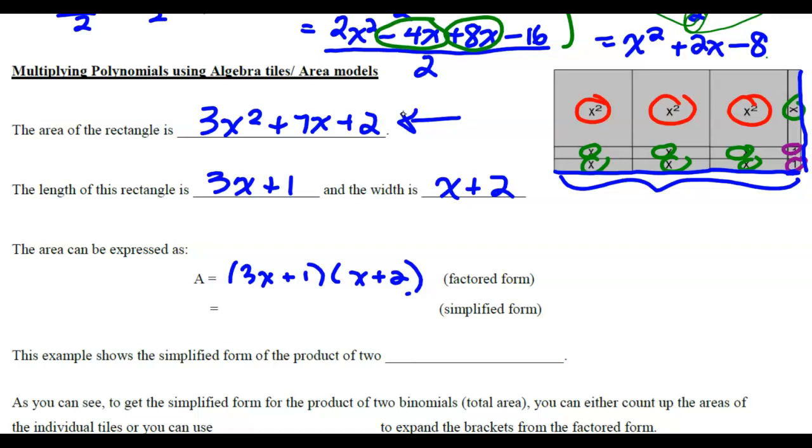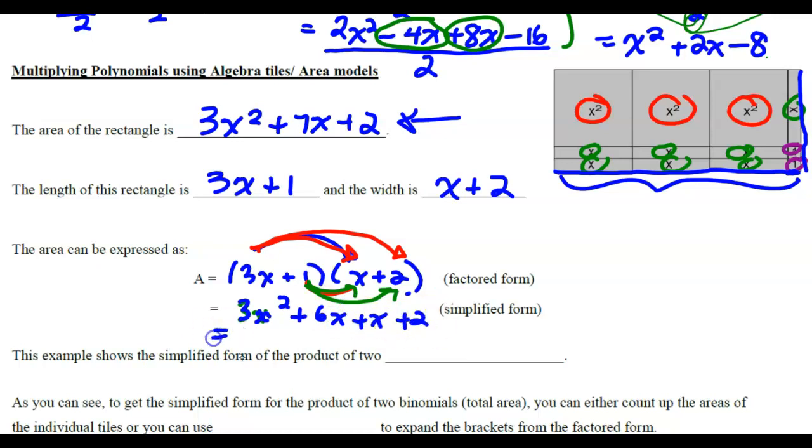First terms together. Outside terms together. Inside terms and last terms. So 3x squared plus 6x plus x plus 2.